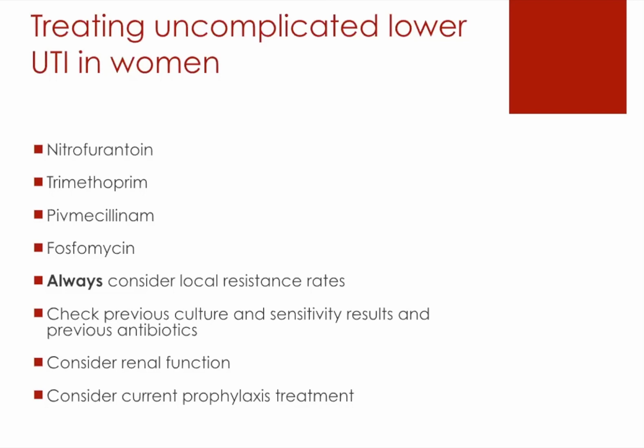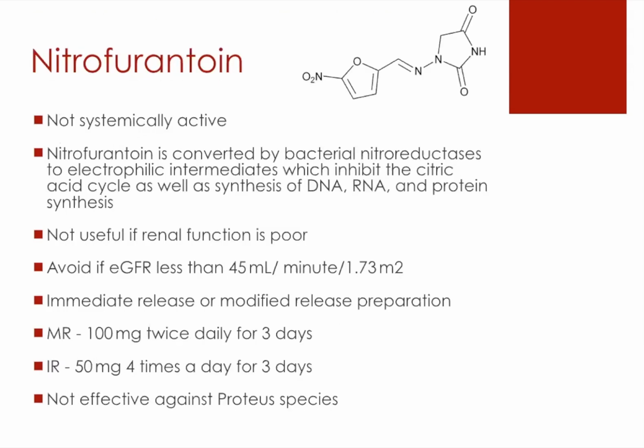Always consider the renal function, because once we start going through the antibiotics, some cannot be used with poor renal function. And consider current prophylaxis treatment. If they're taking Nitrofurantoin for prophylaxis, we wouldn't use it for treatment. And that's what NICE states in the introduction of infections in the BNF.